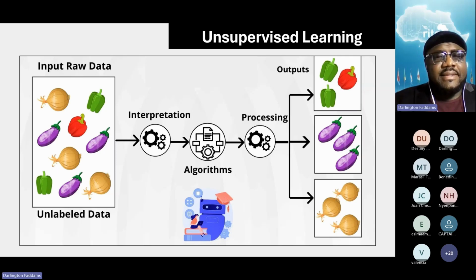Okay, this one looks like this. This one looks like the other one. So at the end of the day, you can see that it has been able to group them correctly by studying them carefully on its own. The machine is able to use a lot of algorithms to understand that there's a relationship between them. Nobody told them, but at the end of the day, it was right.